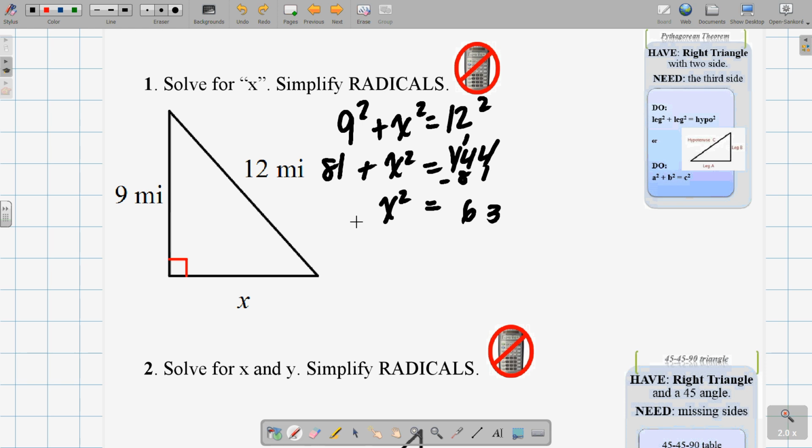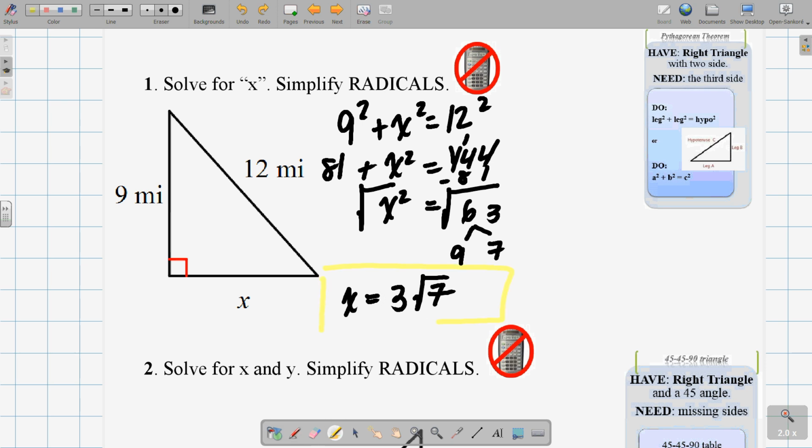At 63, we square root both sides. X equals 3 root 7 here.